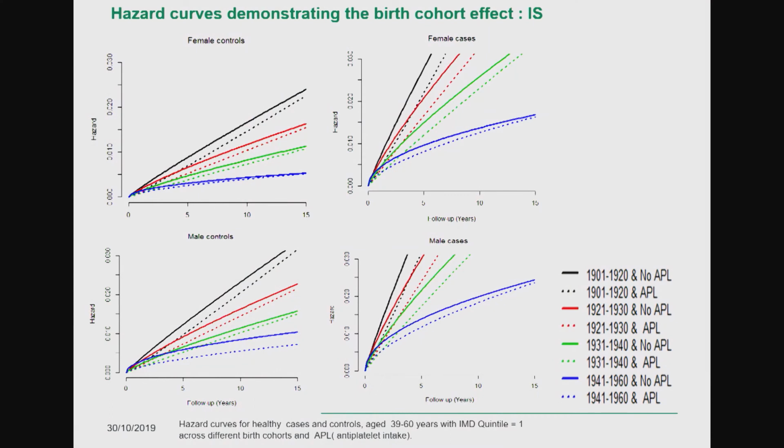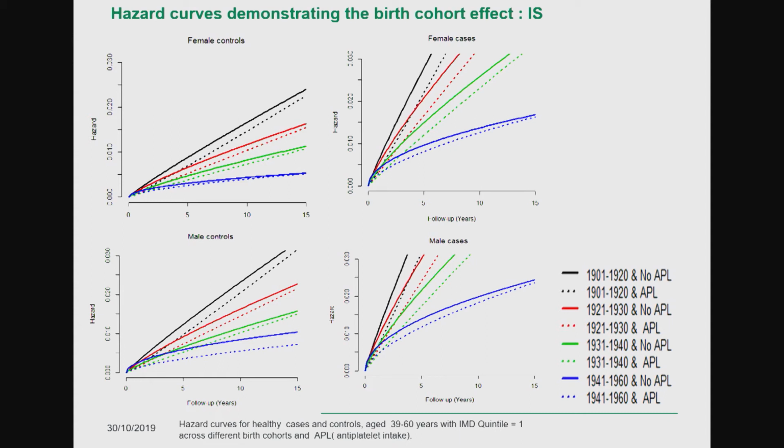Now, here we have four different plots, so four groups: the female controls, female cases, male controls, and male cases. The different colors show the different birth cohort effects. So this clearly shows the shape effect of birth cohort and the shape effect of antiplatelet. Antiplatelets are drugs that are prescribed to people who already have hypertension or established cardiovascular diseases.